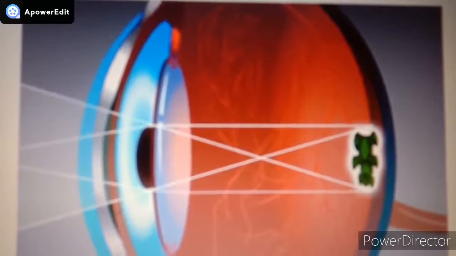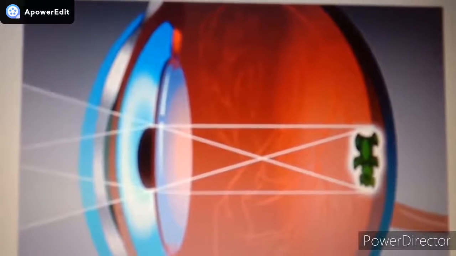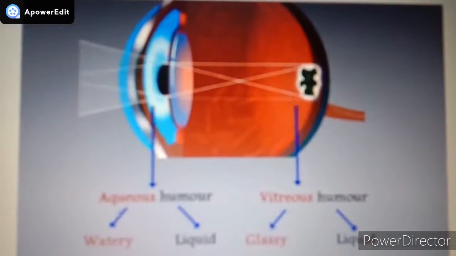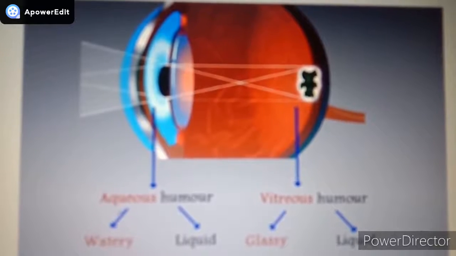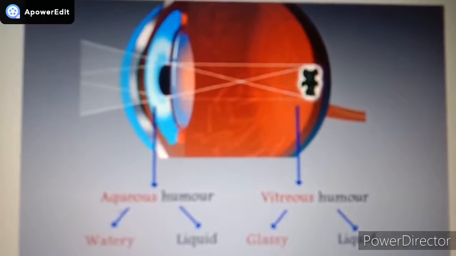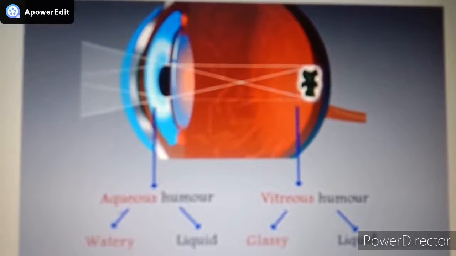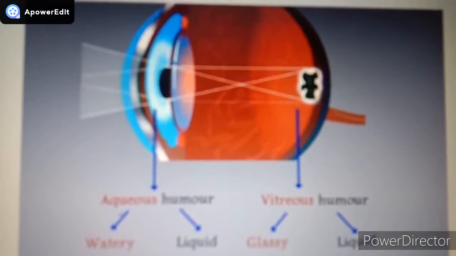The chamber in front of the lens is known as the aqueous chamber, and the chamber behind the lens is known as the vitreous chamber. The aqueous chamber is filled with a watery liquid known as aqueous humor, and the vitreous chamber is full of a glassy jelly-like liquid known as vitreous humor.